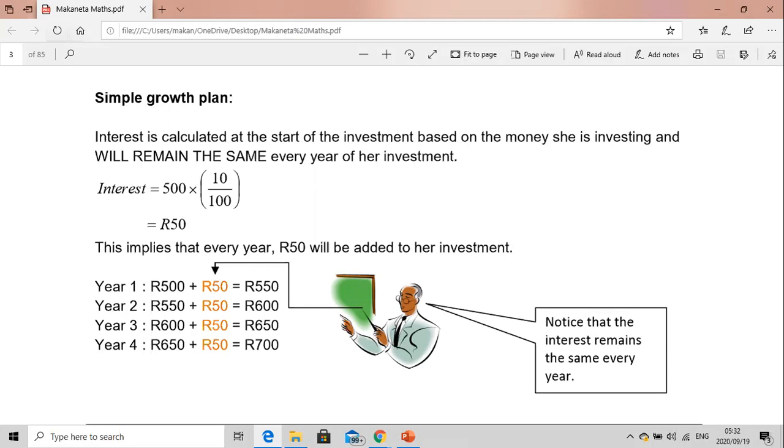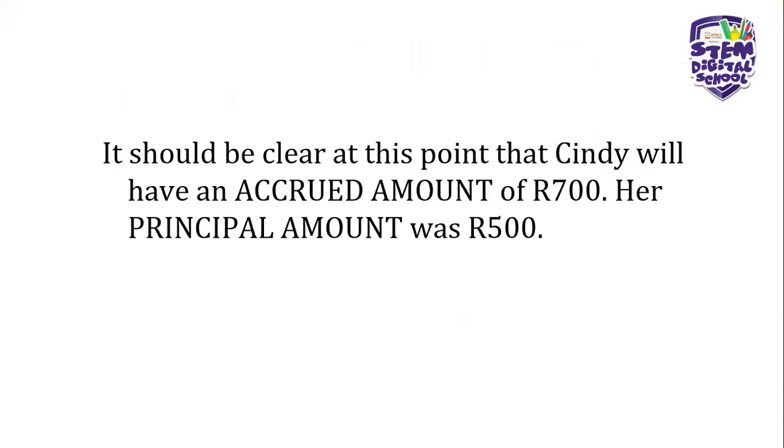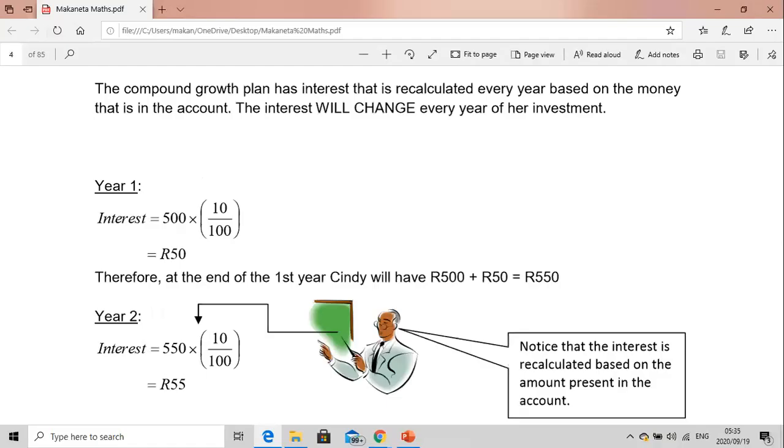The accrued amount will just be 700 rands. The principal amount was 500 rands, so the growth was just 200 rands at the end of the 4-year period.